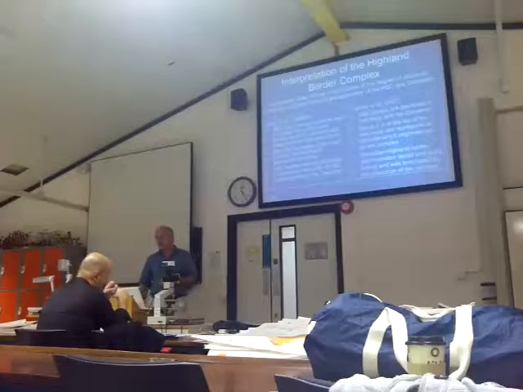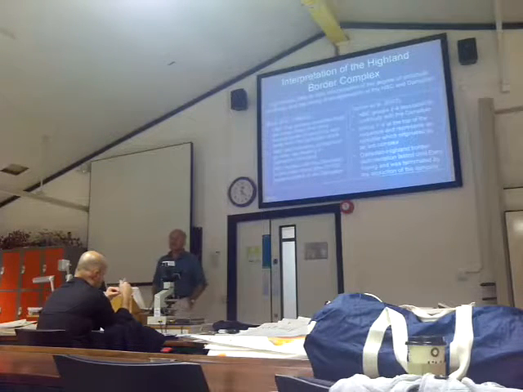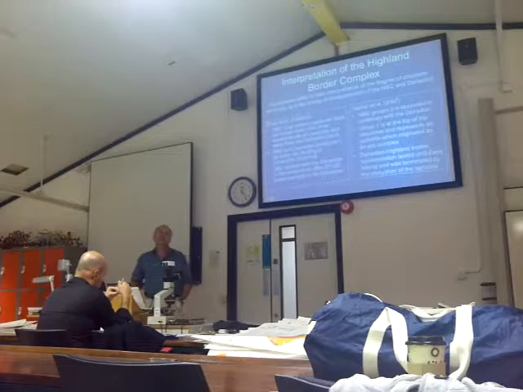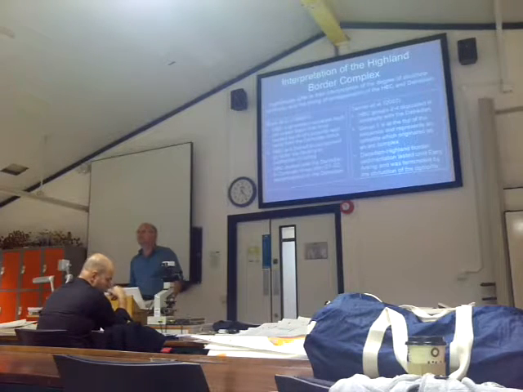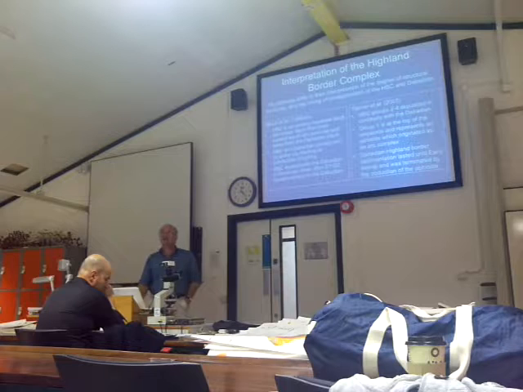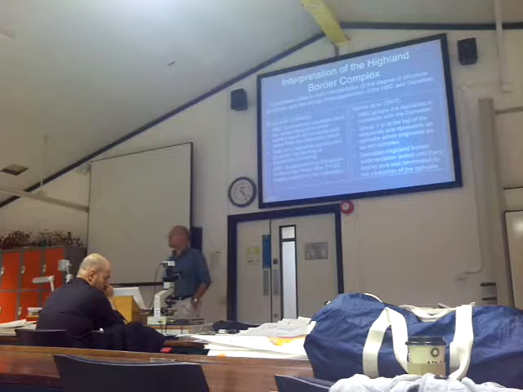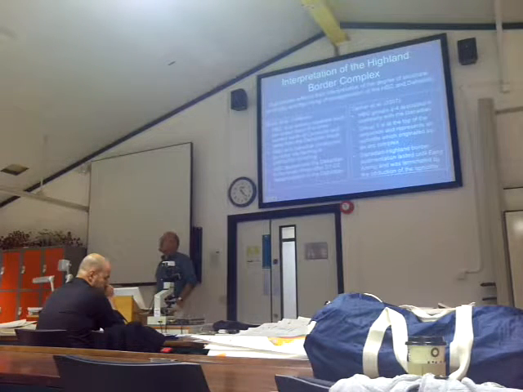His view was that the Highland border complex is an entirely separate structural unit that was developed in a back-arc basin that existed to the south of the Laurentian continent and developed well away from where the mountains in the Dalradian were developing.